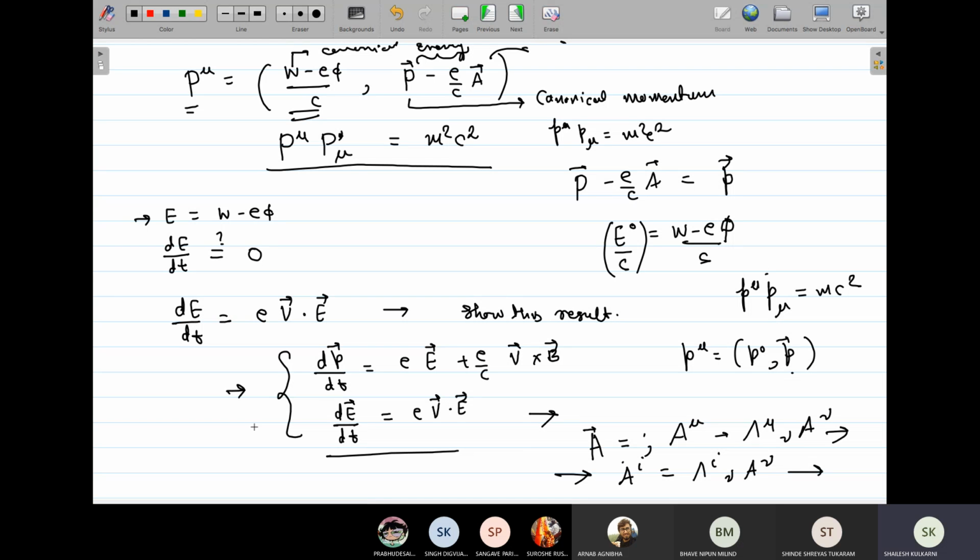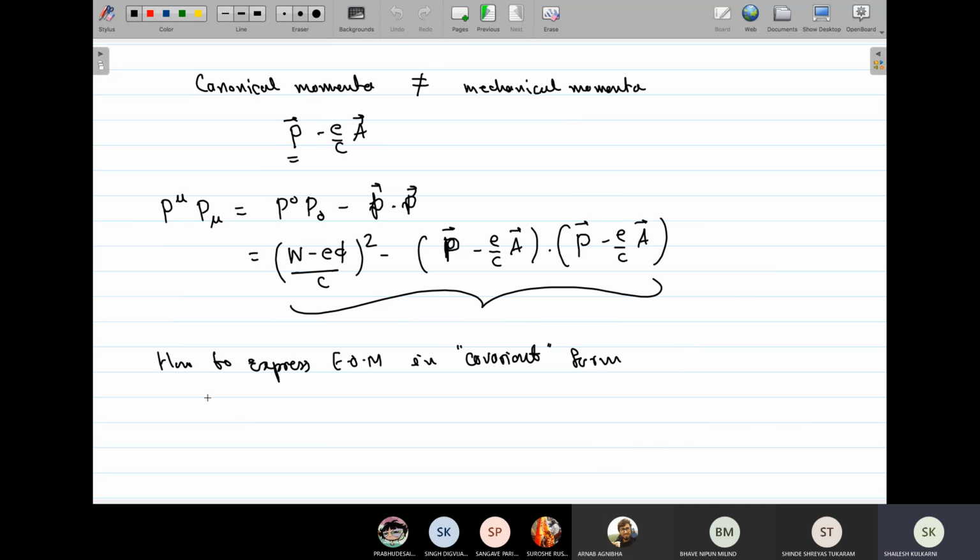Now we want to write in the 4 vector notation. One thing we know about the 4 vectors is the momentum 4 vector, P mu. We also know A mu. We have these two 4 vectors. Remember what is this P mu?